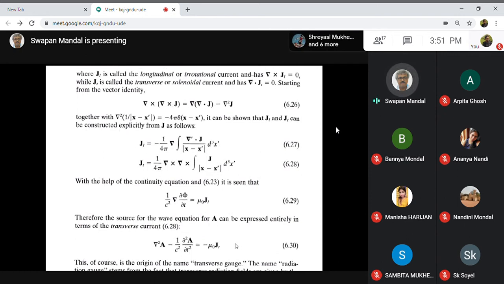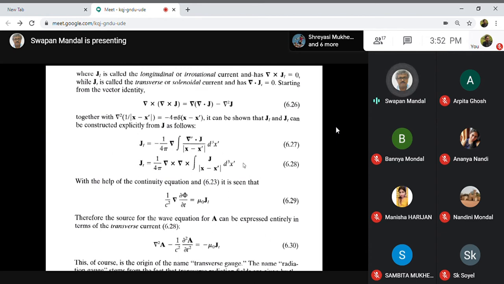Maybe you may be curious: what about the special theory of relativity? Does it fit in the special theory of relativity? The answer is no, because I do not have any time component in my Coulomb gauge condition. Anyway, I am least bothered about whether it fits with the special theory of relativity or not.